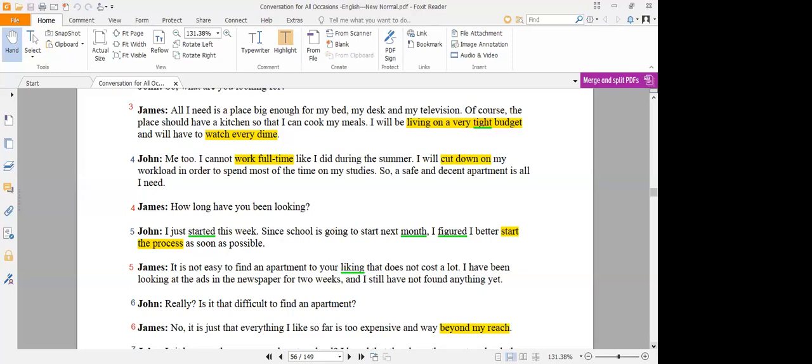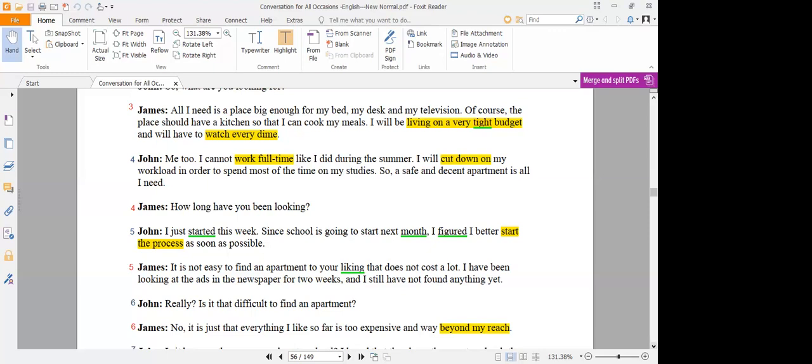Me too. I cannot work full time like I did during the summer. I will cut down on my workload in order to spend most of the time on my studies. So a safe and decent apartment is all I need.